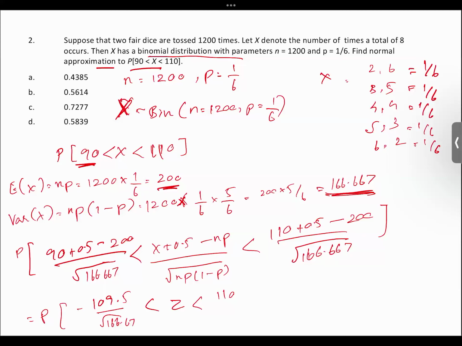And 110.5 minus 200, that is minus 89.5, divided by square root of 166.67. So you'll have, what is this? P of minus 8.481.